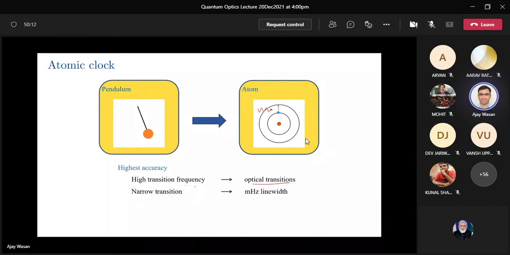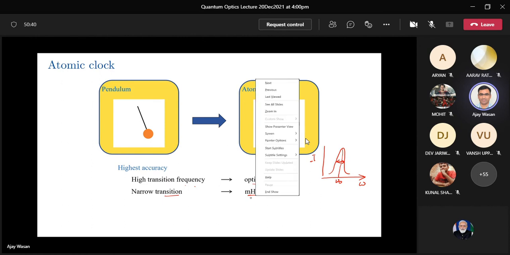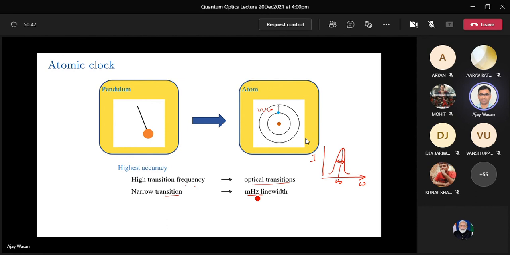It depends on the optical transition, a narrow transition, with a small line width. Let us say the center frequency omega naught is very narrow; we have even gone to millihertz, less than one thousandth of a hertz.